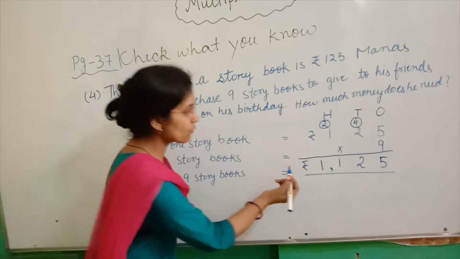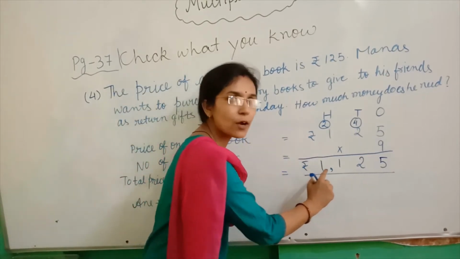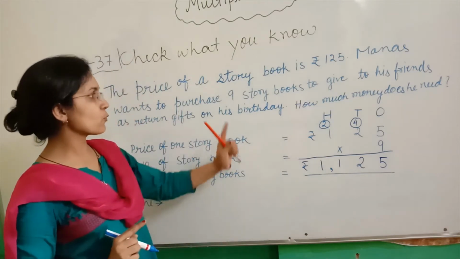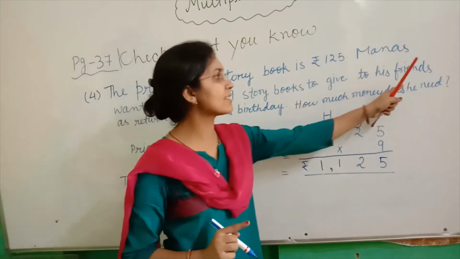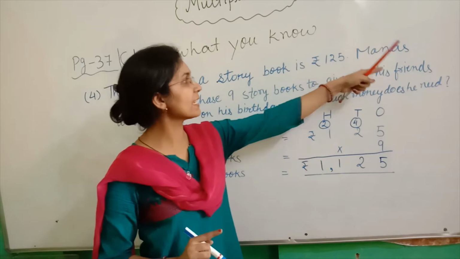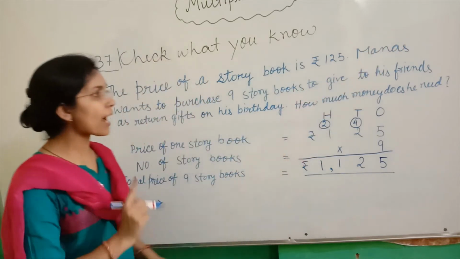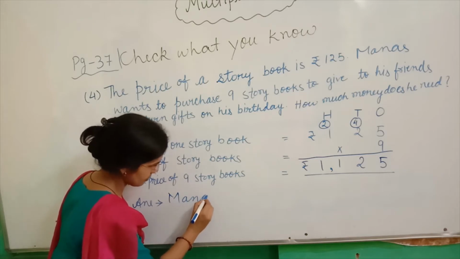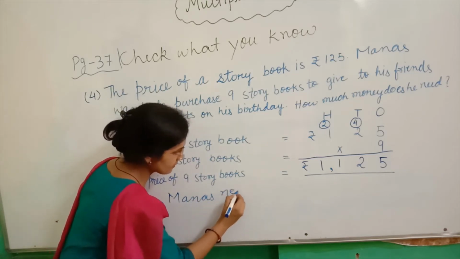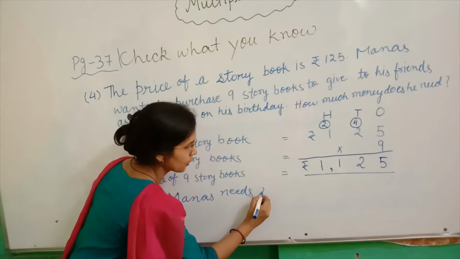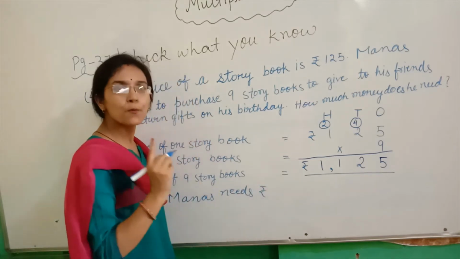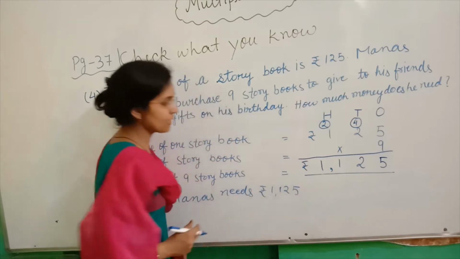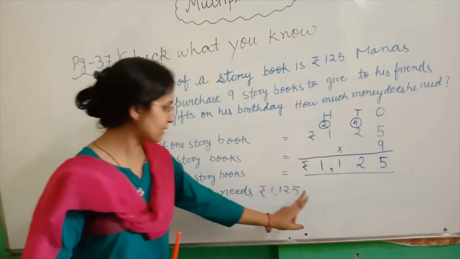Your final answer is rupees 1125. So what was your question? How much money does he need? Means who was he? Manas. So Manas needs rupees 1125.